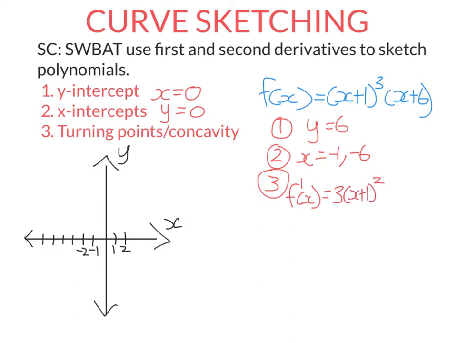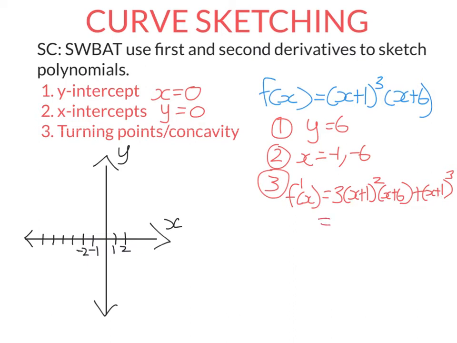And remember you times by the derivative of what's in the brackets, but of course the derivative of what's in the brackets is 1. So that's derivative of the first times the second. And then we add the first times the derivative of the second, which is just 1. So using the product rule, this would be the derivative.